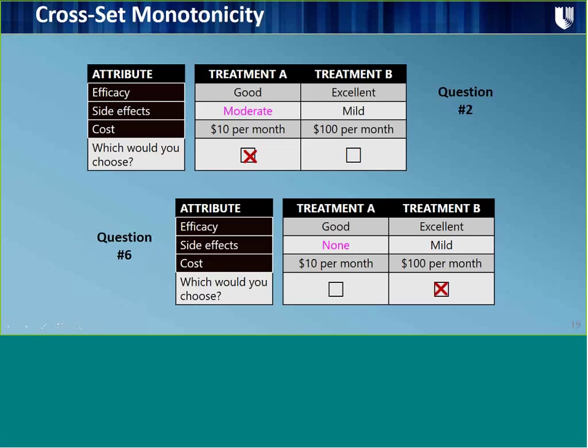Treatment A in question 6 is better than it was in question 2, but suddenly they prefer treatment B, even though they could have chosen treatment B in question 2 if they really preferred it. Even when we offer them a bigger distance between the utility of A and B, they should like A even better if they picked it in question 2, but now they switched, which is inconsistent.